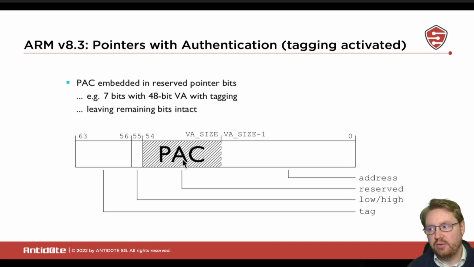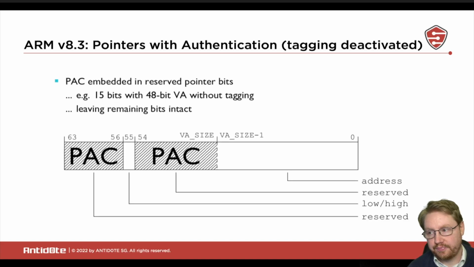Imagine here, when you have only 7 bits, it's basically a 1 in 128 guess to be able to guess the right pack value. So in theory, in such a setup, you could just guess a pointer, and in 1 in 128 cases you would guess correctly. And depending on what kind of context you are attacking, this could already be brute forceable.